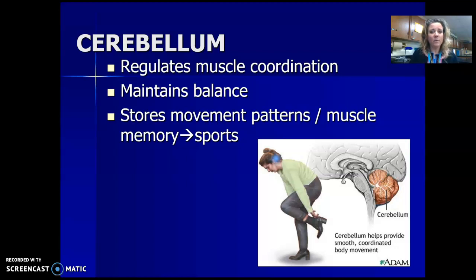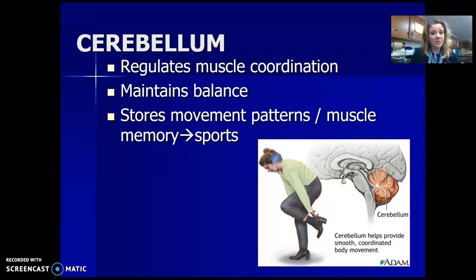I just want to make one more mention of what inputs the cerebellum receives. Fibers from our inner ear, our eyes, and the proprioceptors from our muscles and our tendons. All of these things are going to help to influence our body's position and our body's movements.